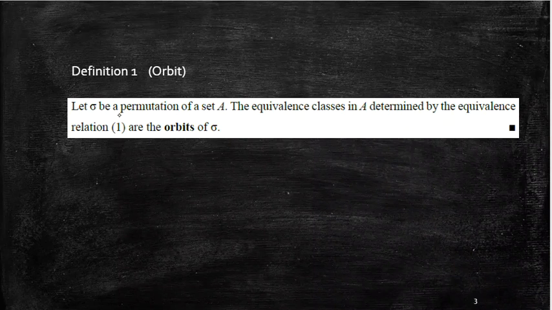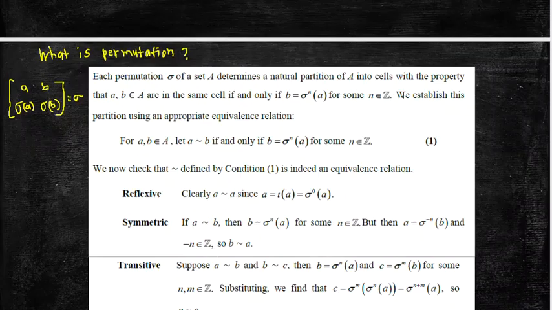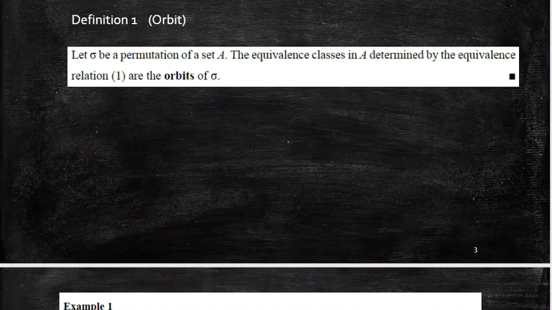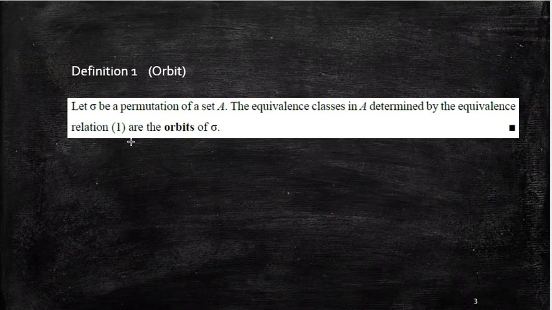From this definition, let sigma be a permutation of a set A, and the equivalence classes in this set determined by the equivalence relation in 1 are called the orbits of sigma.